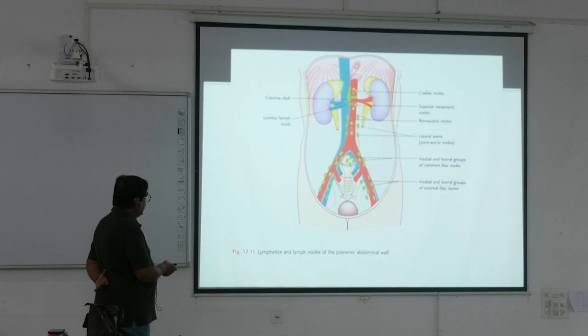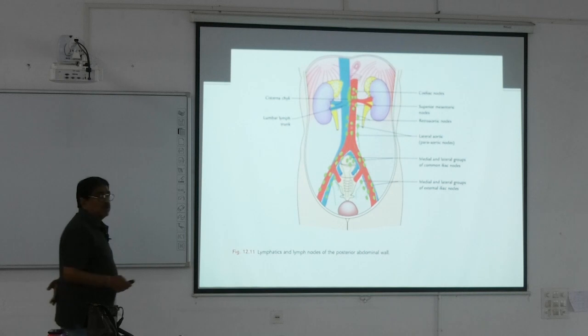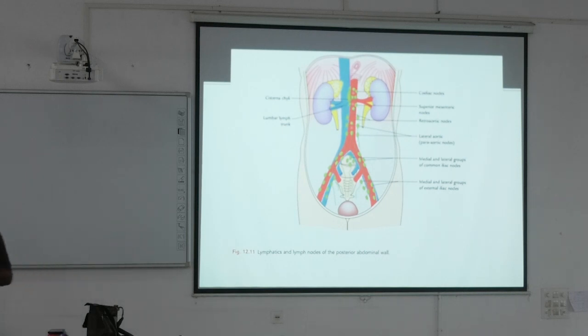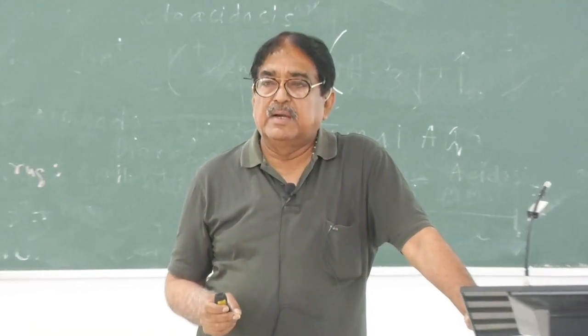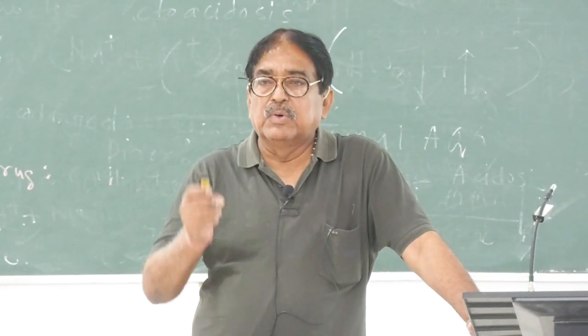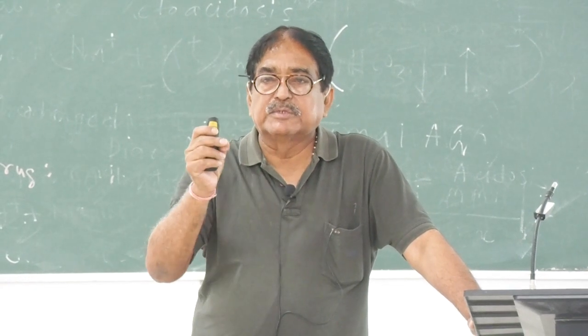Now you see the lymphatics and lymph nodes of the posterior abdominal wall. When the abdomen is open, you will be demonstrated the viscera in situ. You will see the lymph nodes, but you cannot see the lymphatic channels. So, what are the lymph nodes?